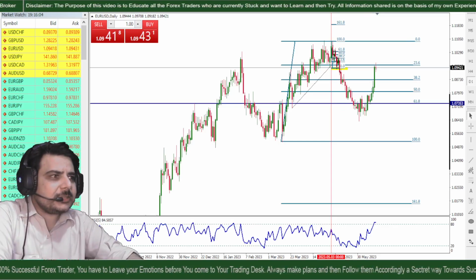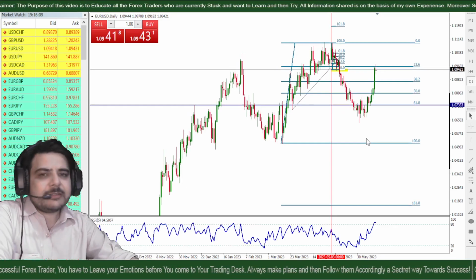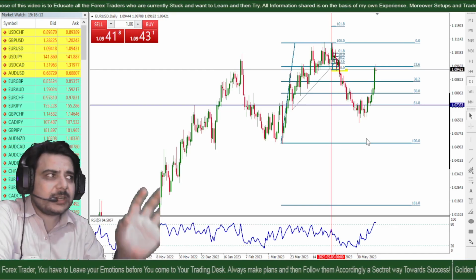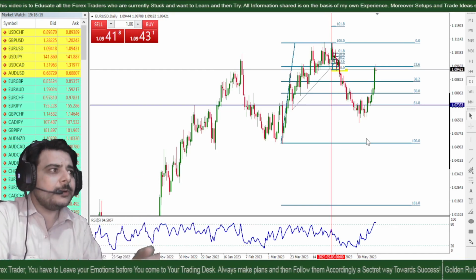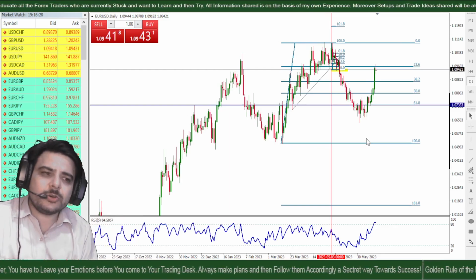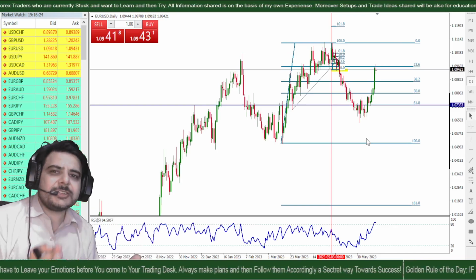So this week I'm looking at these different pairs, and this weekly forex forecast will be so important for you to understand these levels, because now the stories are going to change a little bit. I call them stories, but you can call them the trend. The trends are changing.